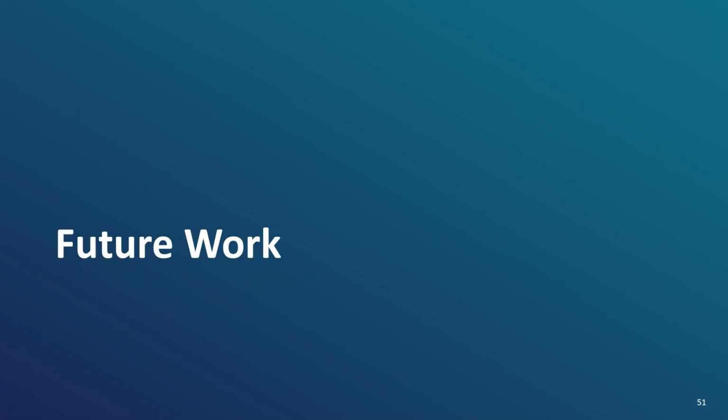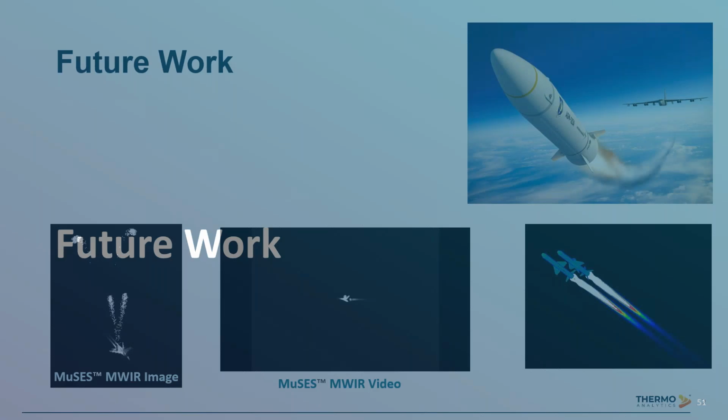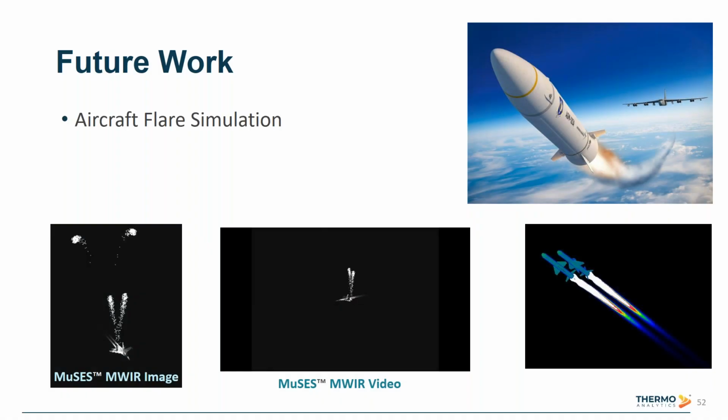Next, I'll quickly describe a few areas of interest we began researching internally. Aircraft countermeasure flares can have a large impact on the overall signature of an aircraft. There is an ongoing effort to characterize and simulate these countermeasure flares, which is already showing promising results. As seen below, there is a mid-wave IR image of the countermeasure flares in progress, along with a video showcasing the capability.